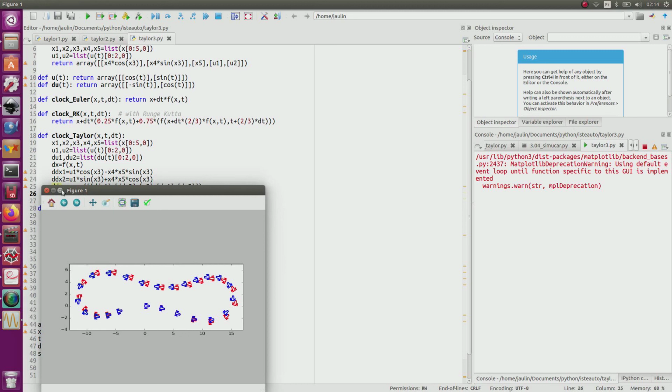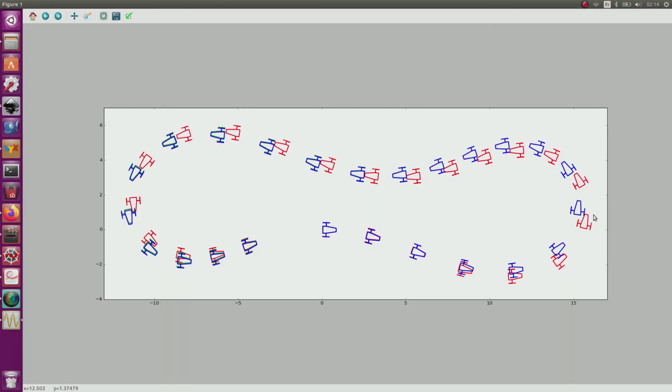I can see that the green and the blue superpose. It means that the Runge Kutta and the Taylor method are almost equivalent. We can see some green on this picture, but we can say here that they superpose, which was not the case between the Euler and the two other shapes.